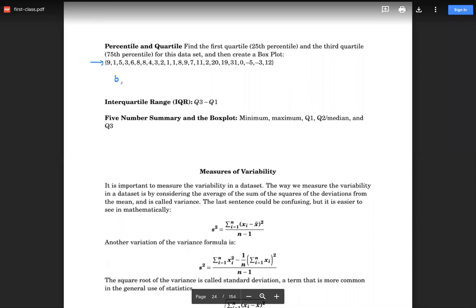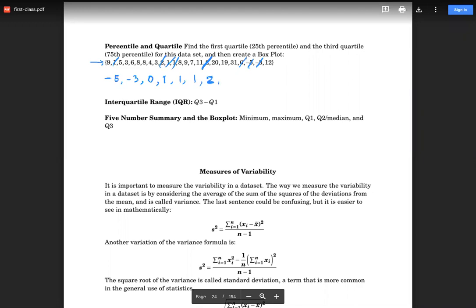-5, -3. Then after that, we have 0. And then 1, how many ones? 1, 2, 3 ones. 1, 1, 1. And then 2s. How many 2s do we have? Just 2 2s. 2, 2.